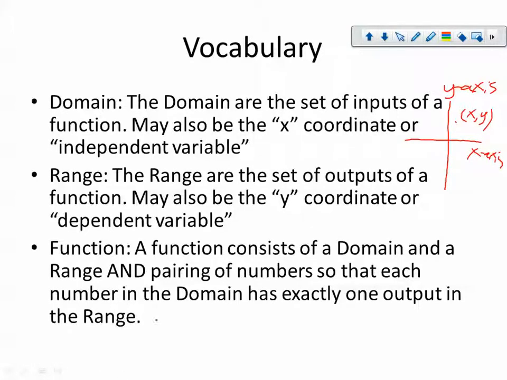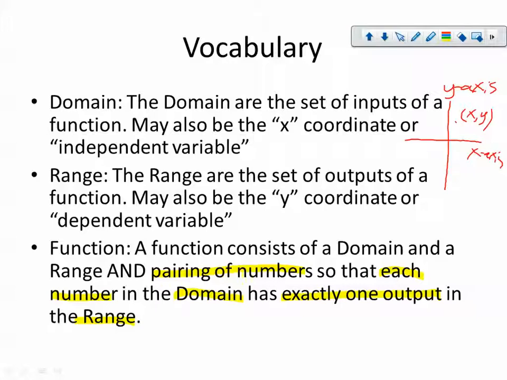A function consists of a set of domain, a set of range, and here's the weird part, a pairing of numbers so that each number in the domain has exactly one output in the range. What the heck does that mean? We'll get to that right towards the end of what we're talking about today.